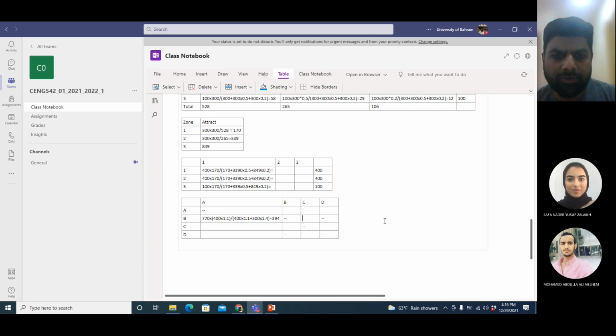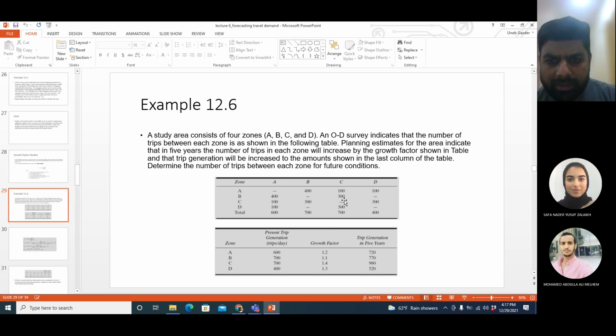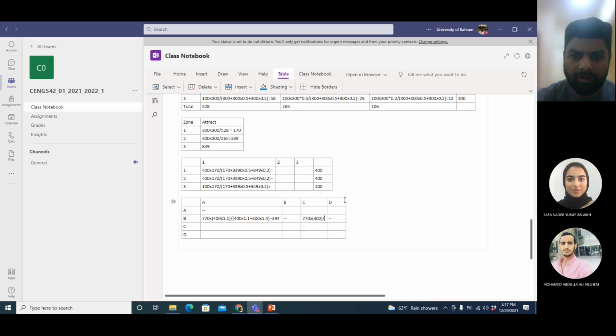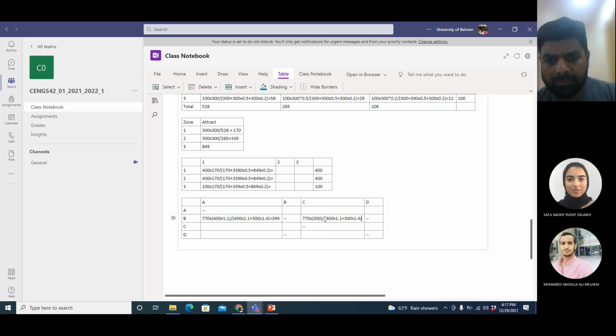Then we do the same thing for this zone as well. The future trips for B will remain the same, 770, into the current trips from B to C, which is 300, divided by the same summation. Sorry, I need to multiply with the growth factor as well.